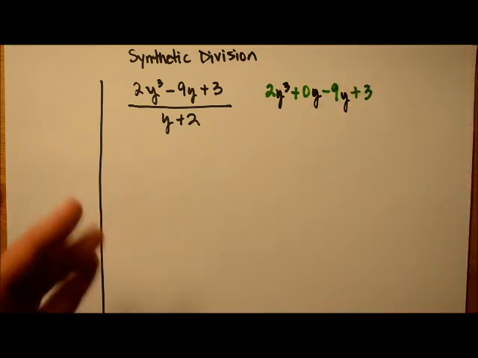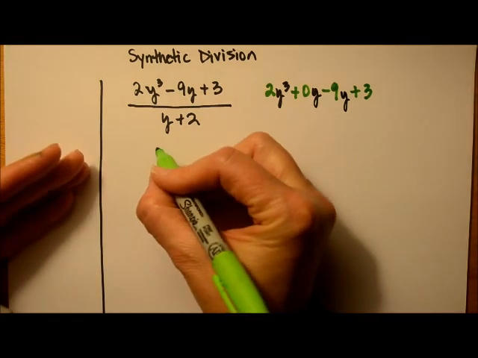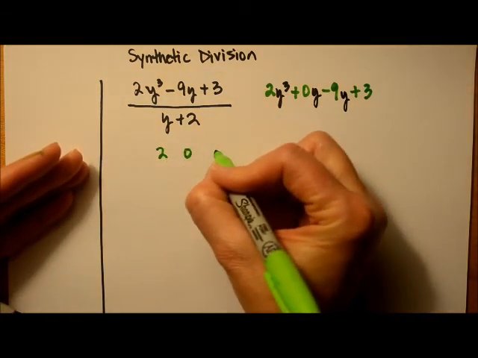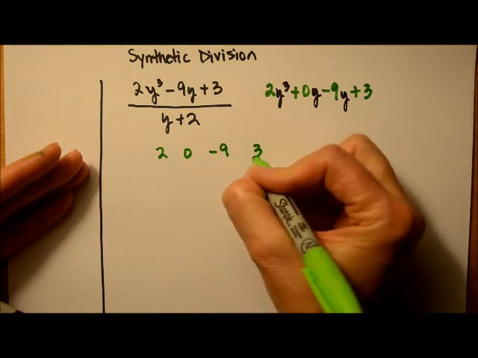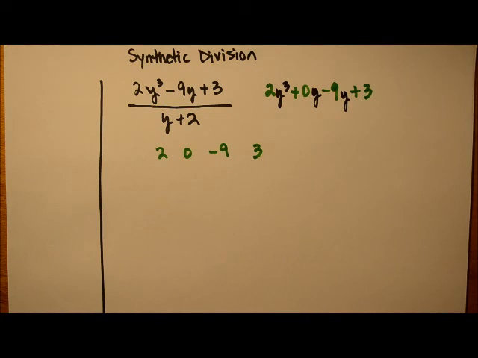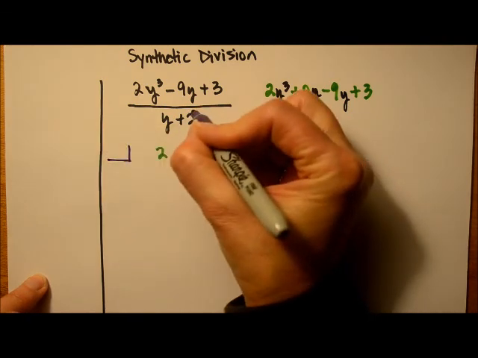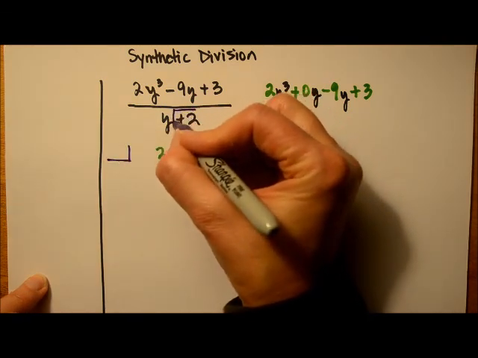Now those in green, those are the numbers that I'm going to bring down. So I'm going to use 2, 0, -9, and 3. I also said that you need to bring down or put in a box this number right here.